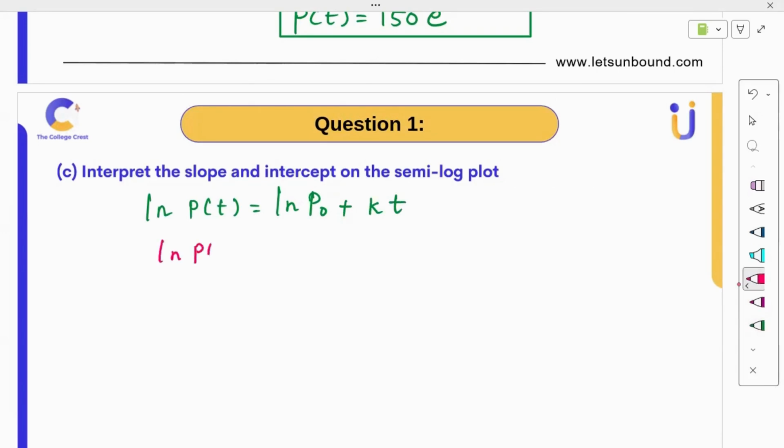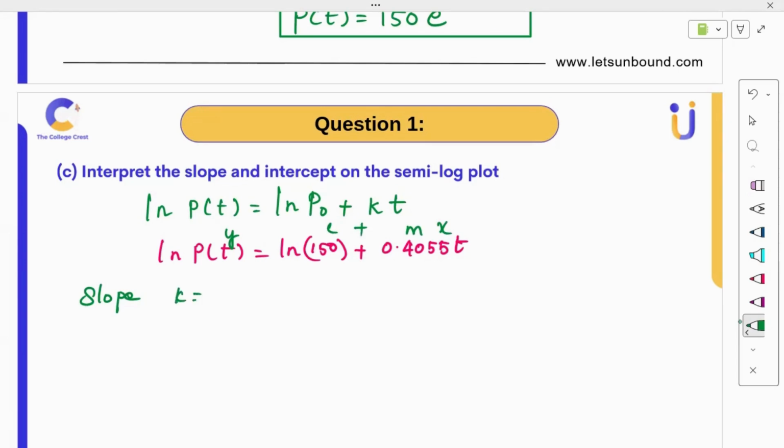So ln P of t equals ln 150 plus 0.4055 approximately times t. Now interpret the slope. If this is y equals mx plus c form, the slope is k equals 0.4055.